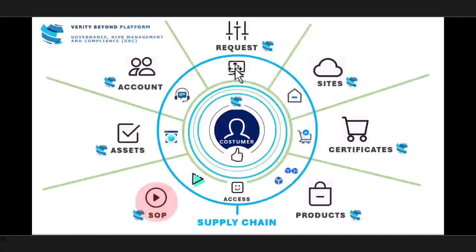For example, you can see that icon being related to the requests, this one related to the sites, this one to the certificates, products related to products, and here in standard operation procedures SOP section you have a play button icon related to it.